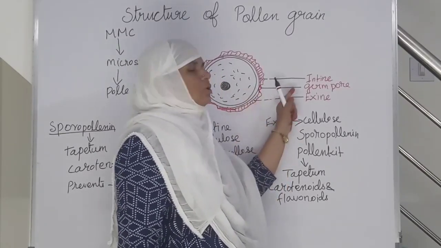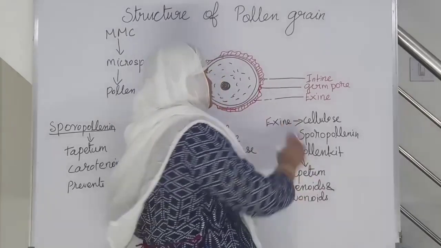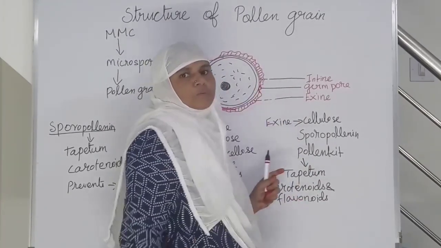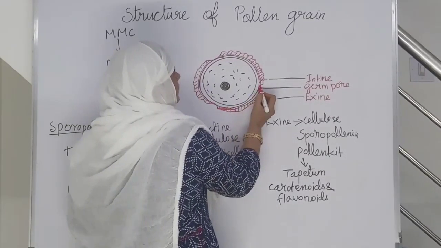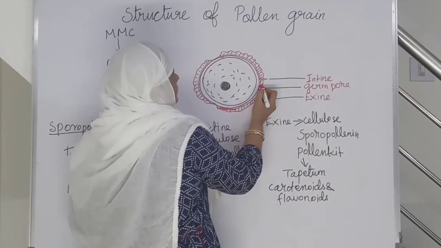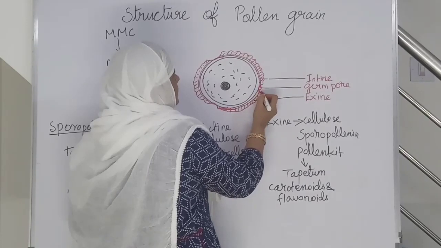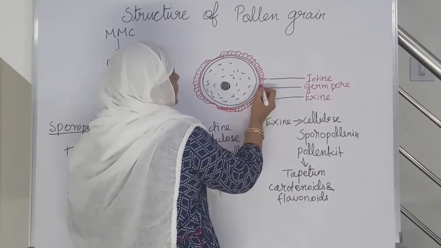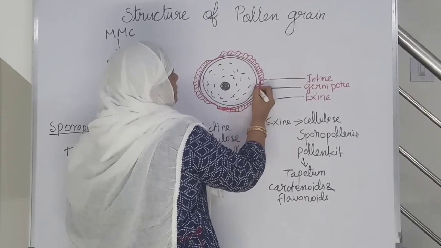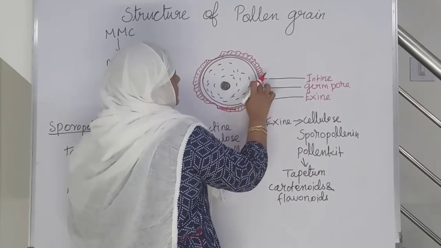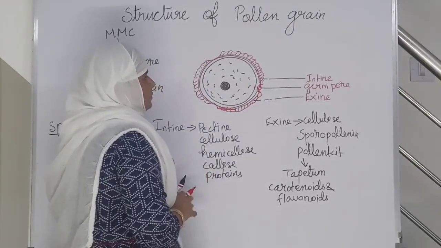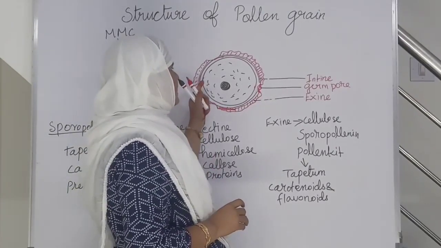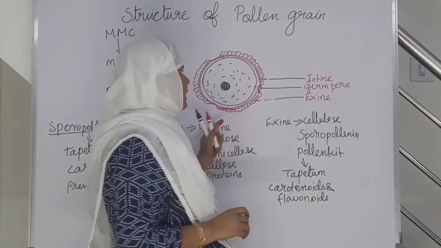So it is related to the germination of pollen tube. Sometimes this thin region of the exine may be elongated and form furrows. This is called furrows in some pollen grains.